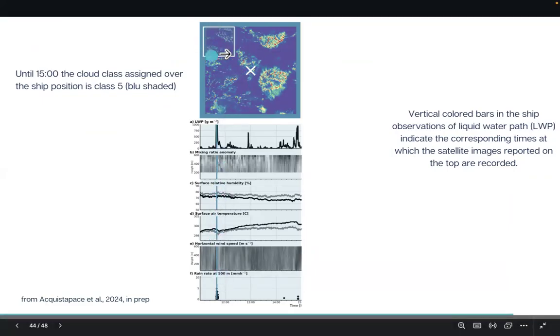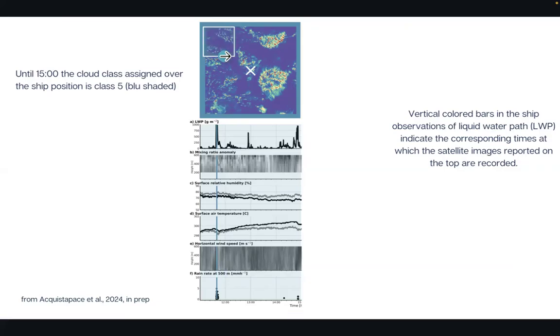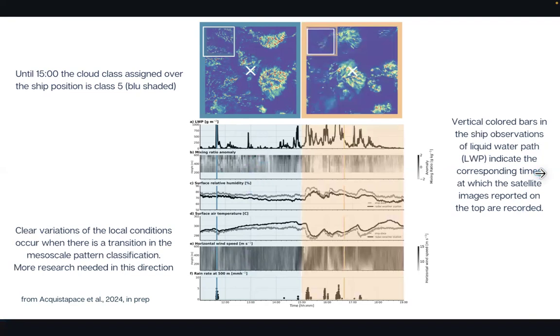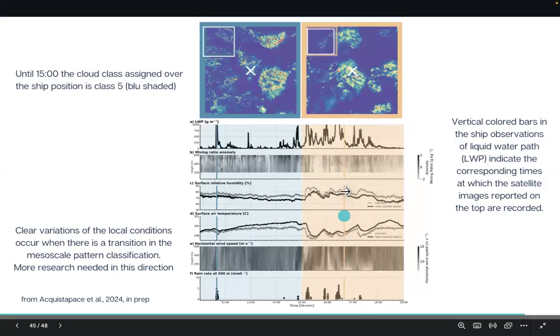And this in the white square is the centroid image of the class, that is the most representative image of that class, that is class 5. And in these panels, we see all the surface-based, so the ship-based observations. After 3 o'clock, what we see is the next class that starts at 5 and goes on in the afternoon. And here you see this snapshot is taken from this timestamp.